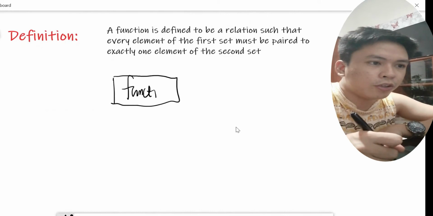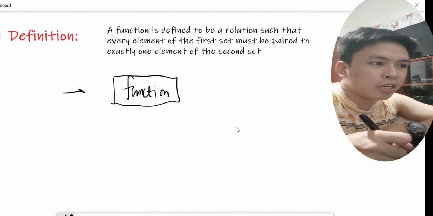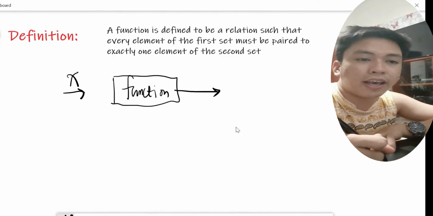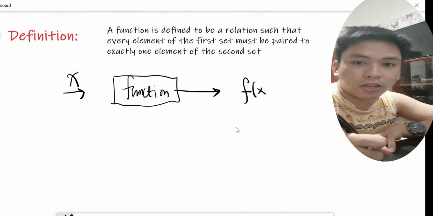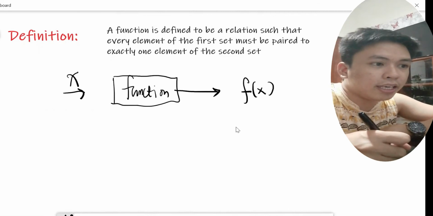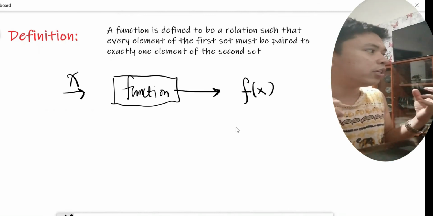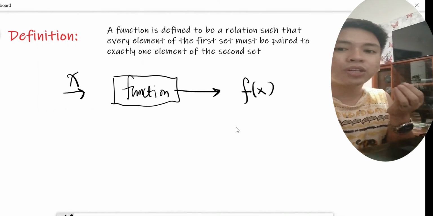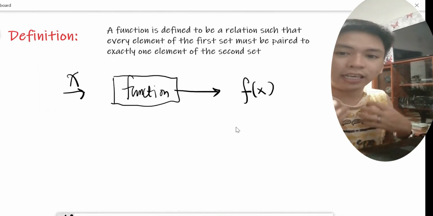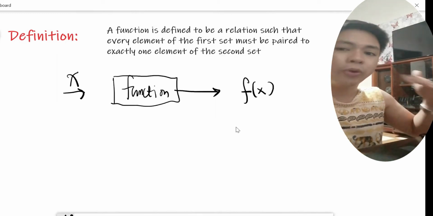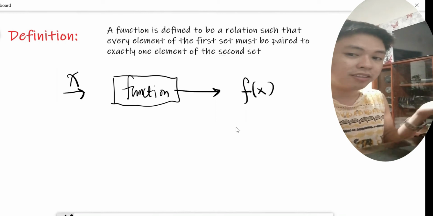If you input an x, it provides an output. Technically, let's imagine that we're eating. What we eat is the input, and what we excrete is the output. So our body is our function, something like that.